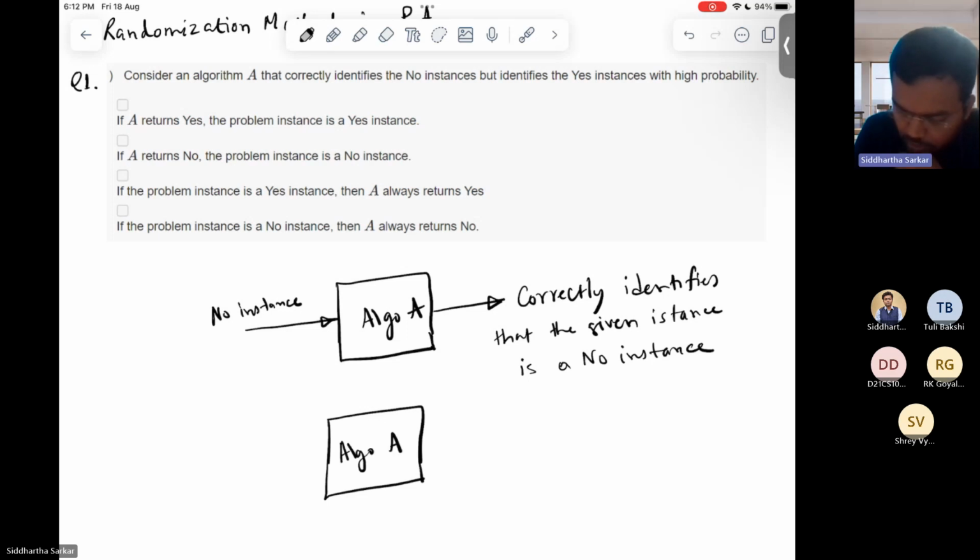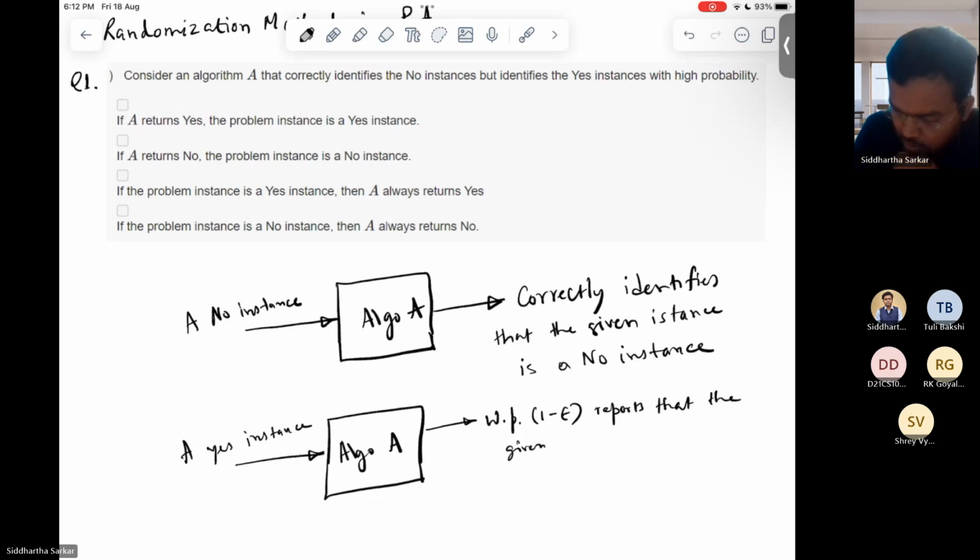If you feed this algorithm a yes instance, then with high probability, so let us say with probability 1 minus epsilon, epsilon is a very small number, the algorithm reports that the given instance is a yes instance.